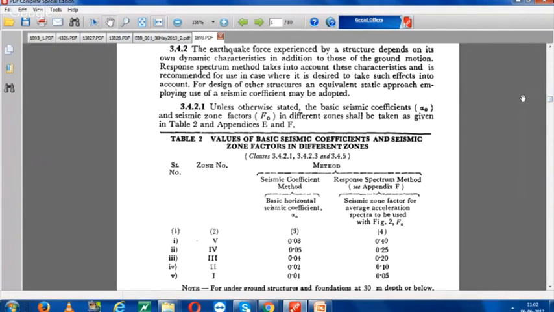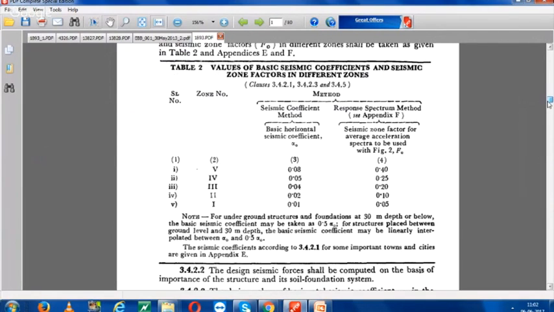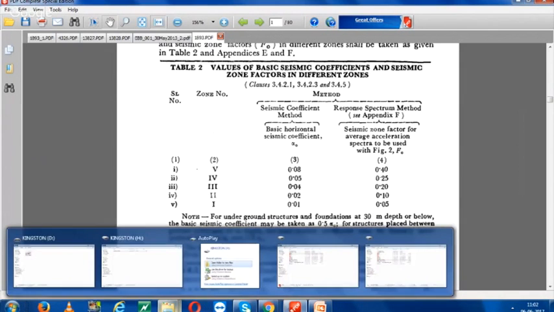Here it is given alpha 0, that depends upon your zone. Zone 5, zone 4, zone 3, zone 2, zone 1. It is an older code in which it is given 0.08 alpha 0. Basic horizontal seismic coefficient. So it is given here.